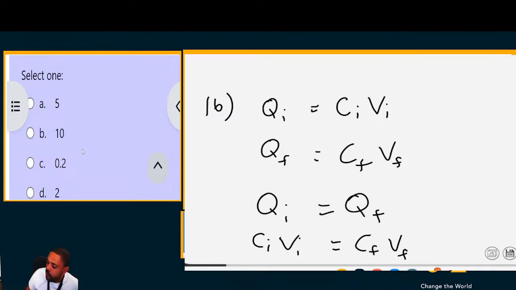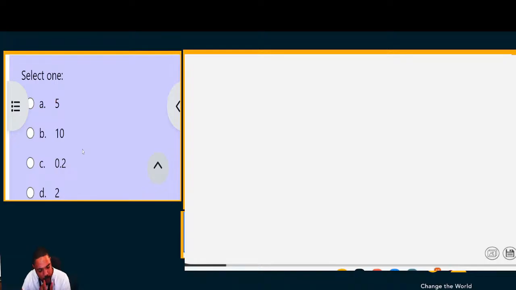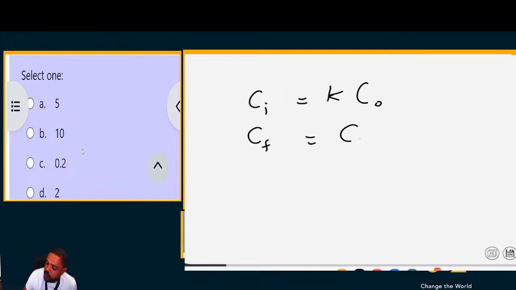Now we know that the initial capacitance is equal to the dielectric constant K times the initial capacitance C naught. And the final capacitance C_f is equal to just C naught, because the dielectric has been removed. Now if you plug this in, remember the formula we just had?